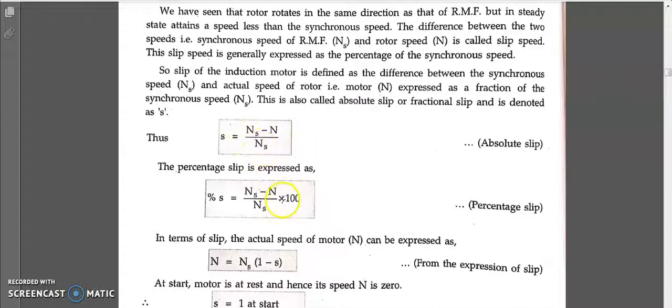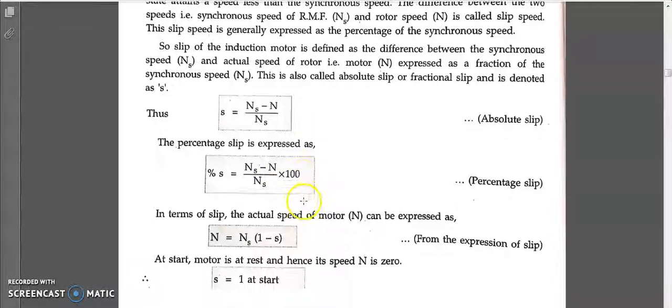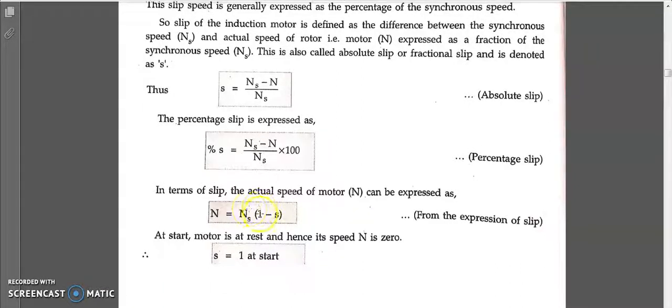If I want a percentage, just multiply by 100 and convert the slip in terms of percentage. And remember, at the start of the motor, slip is always equal to 1. Slip is always equal to 1 during the start of any induction motor, either a three-phase induction motor or a single phase induction motor.